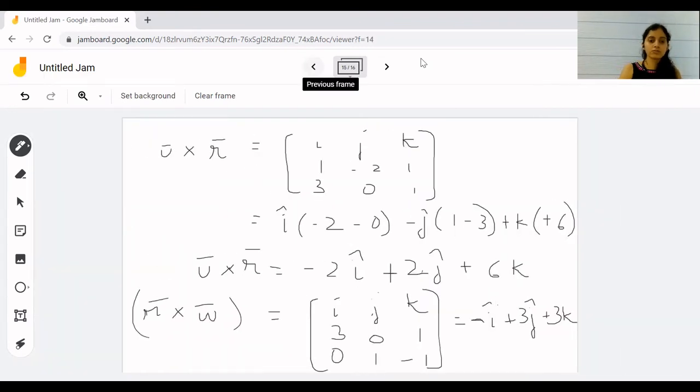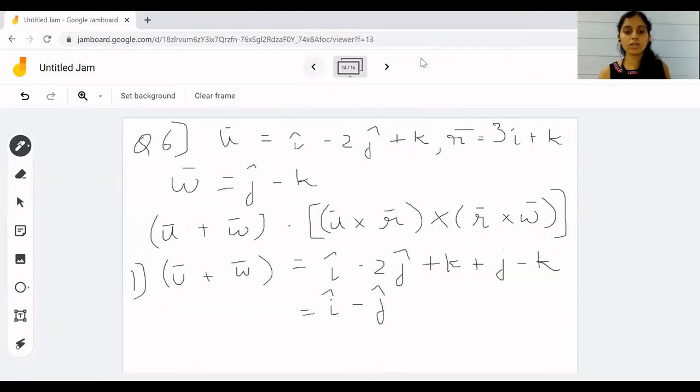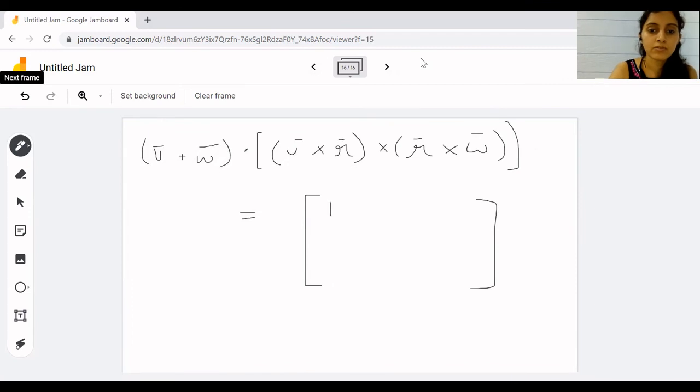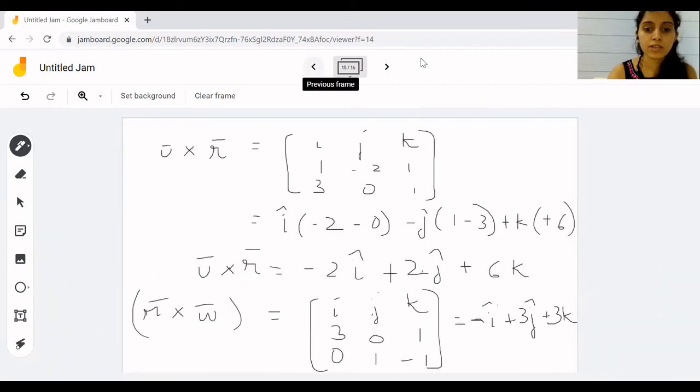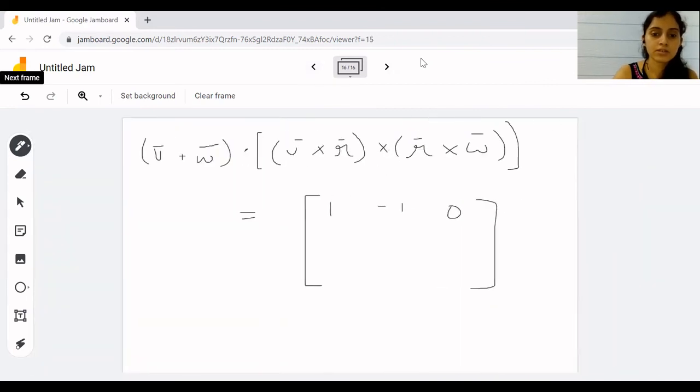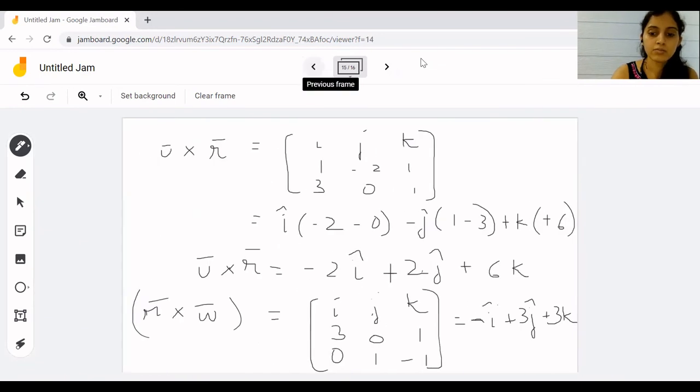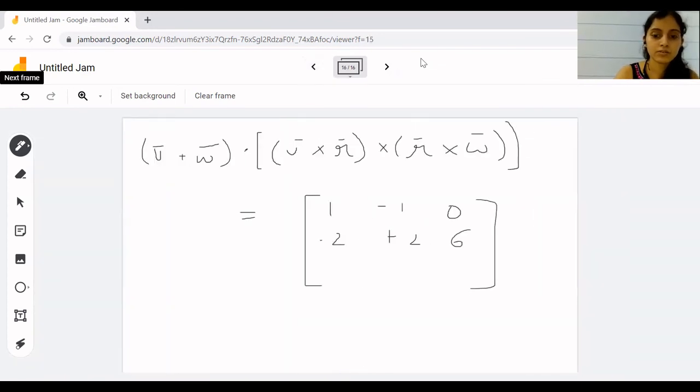So what are the coefficients of the first vector that we found out? It is 1, minus 1, 0. Then the second vector is minus 2, plus 2, and 6. And the third vector, minus 1, 3, and 3. So this answer comes up to minus 12.